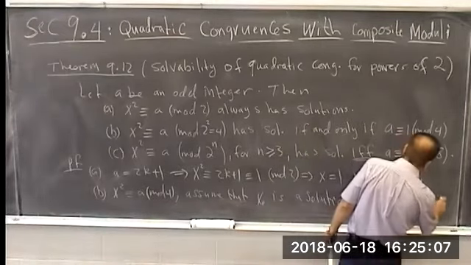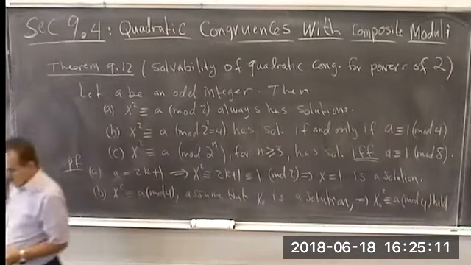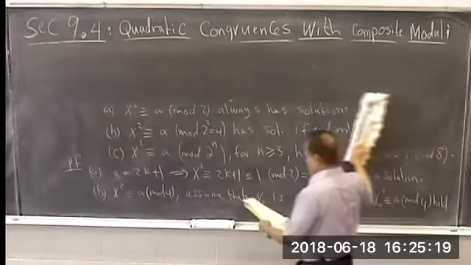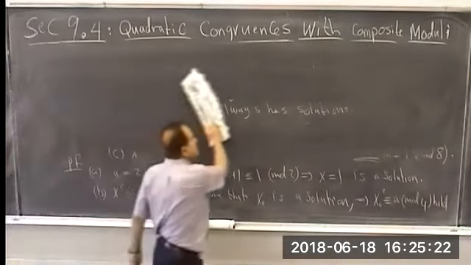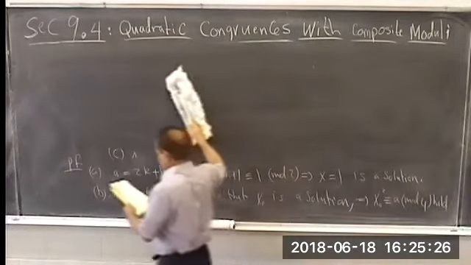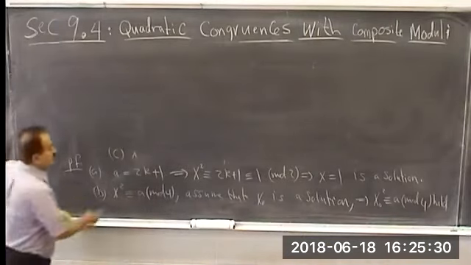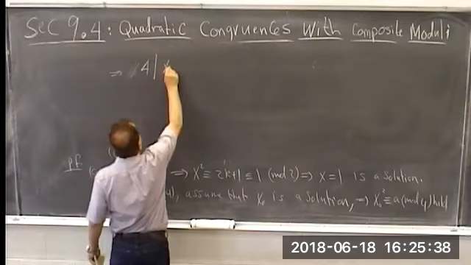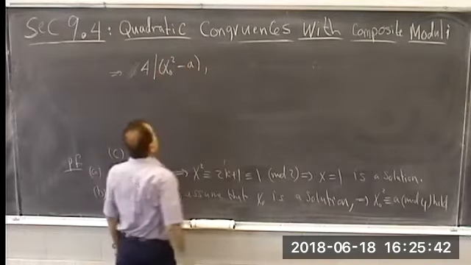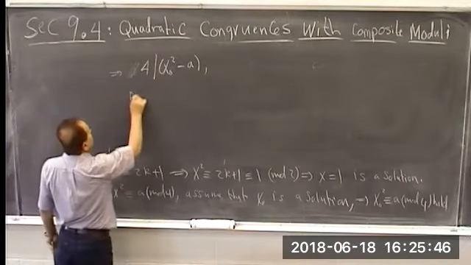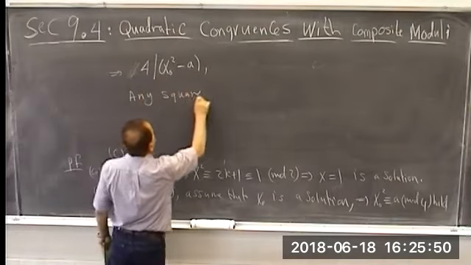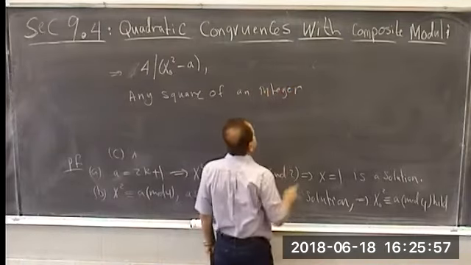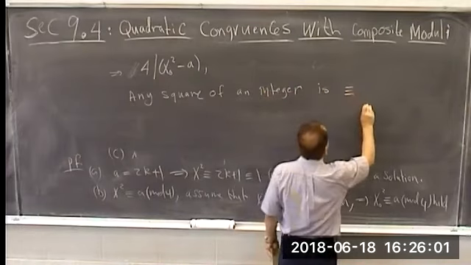This one actually does hold, and this implies that 4 divides x sub 0 squared minus A. Now we know that any odd square of an integer is congruent to 1 mod 4.